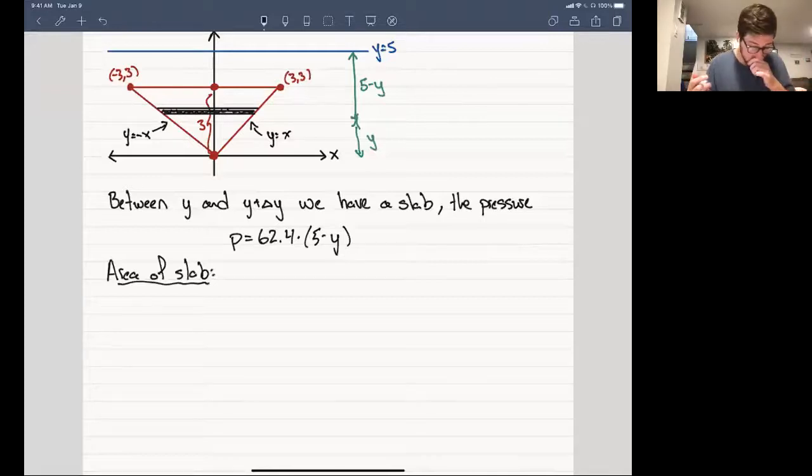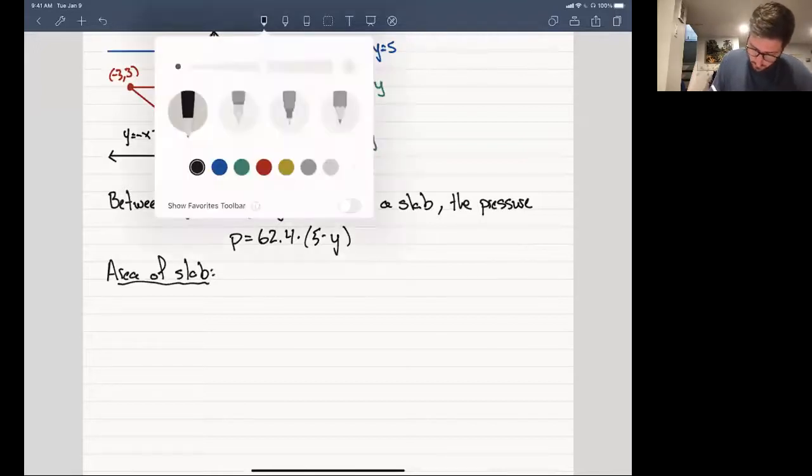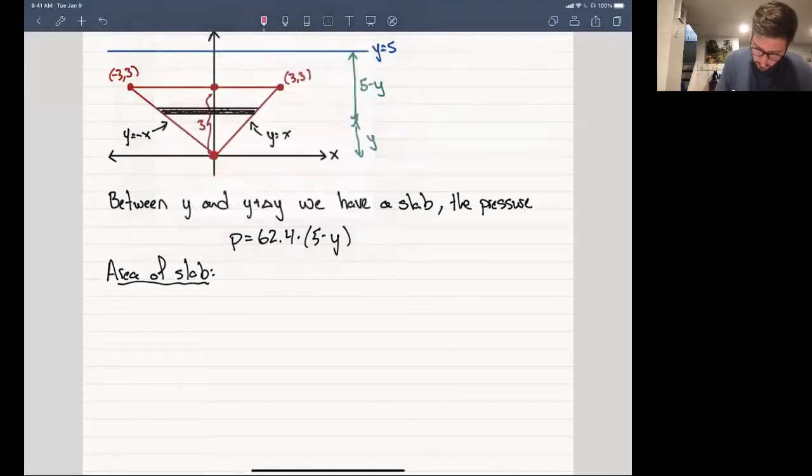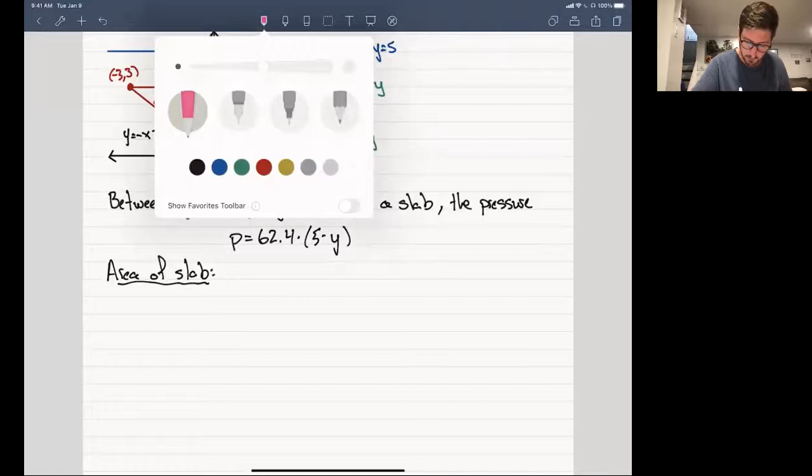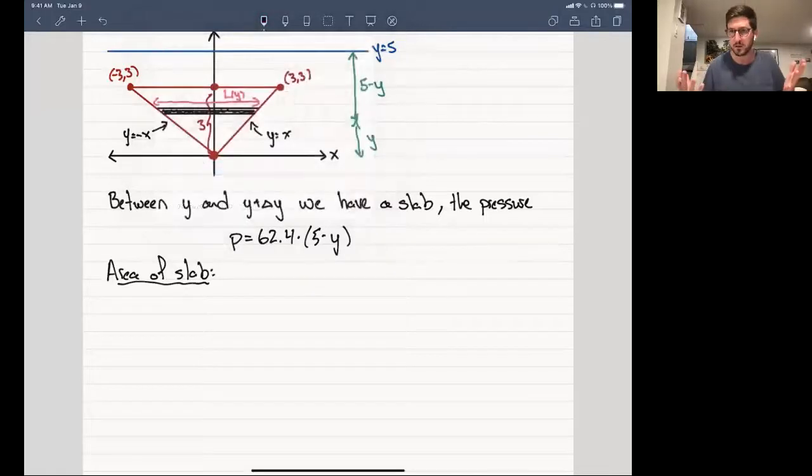Well, I'll just put one more thing on here. I'm going to call this L of y. This is the distance across this slab, and we're actually going to be assuming it's coming from the bottom. It won't matter in the Riemann sum anyways.